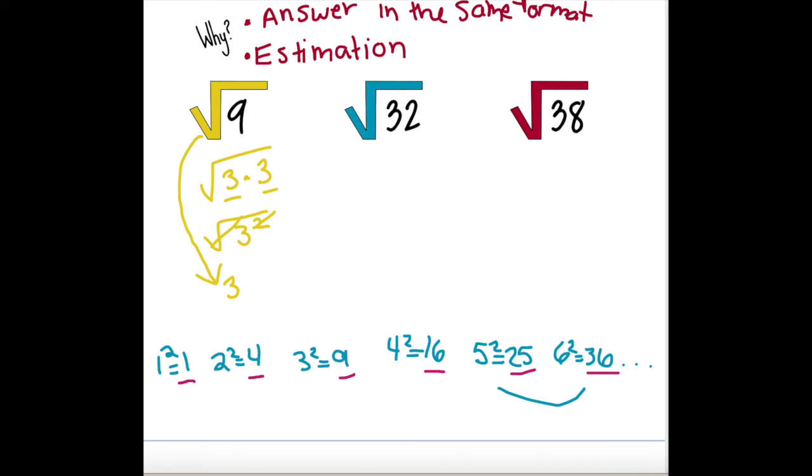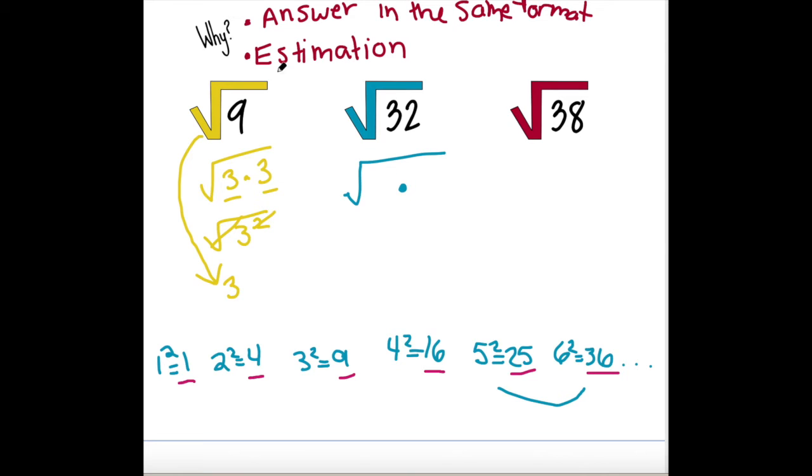The next thing we want to think about is whether we could write 32 as the multiplication of two numbers, with one of those numbers being a perfect square, such as 1, 4, 9, 16, 25, 36, and so on.